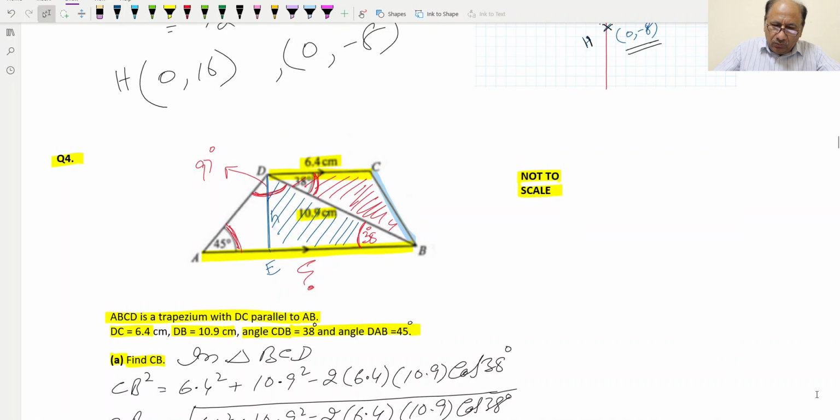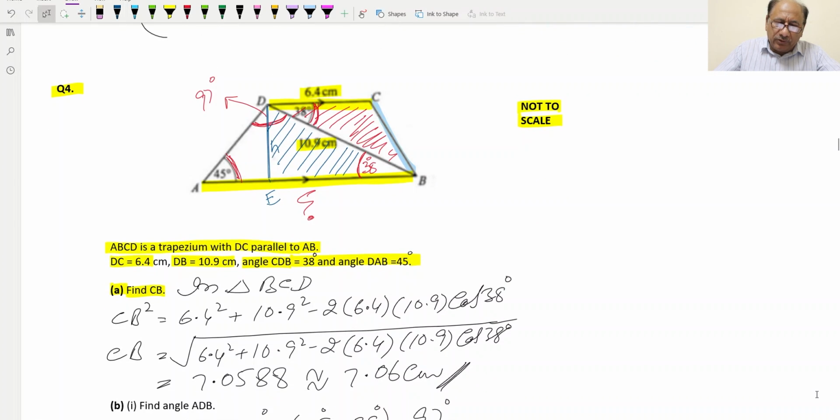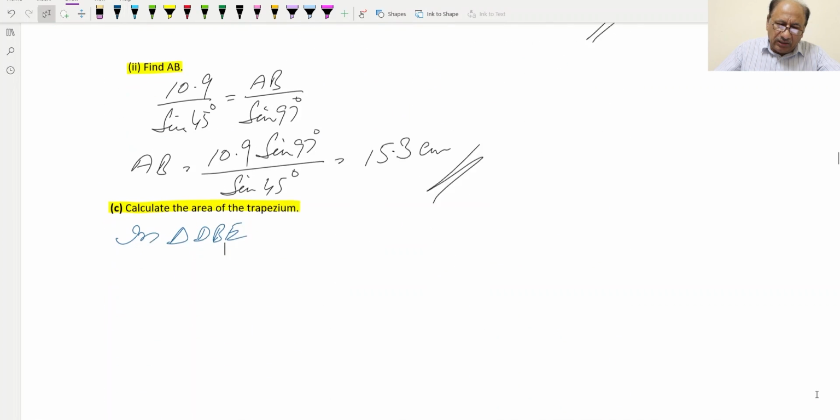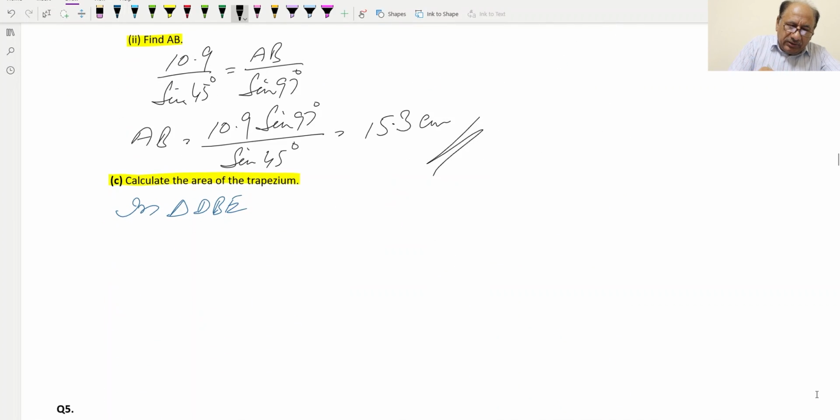h over 10.9. Opposite over hypotenuse, h over 10.9 will be sine of 38. So I'm writing h over 10.9 is equal to sine of 38 degrees.